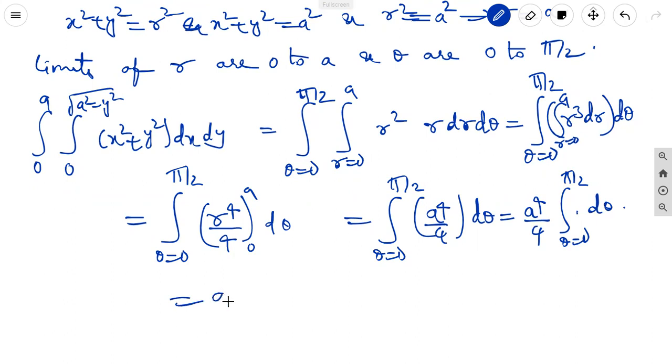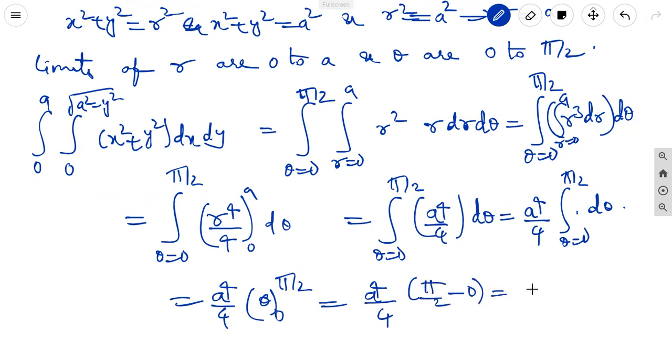Integral 1 d theta is theta with limits from 0 to pi by 2, equal to a to the power of 4 by 4 into pi by 2 minus 0, equal to a to the power of 4 by 8 pi. It is the answer.